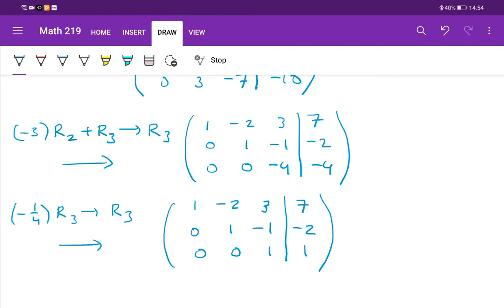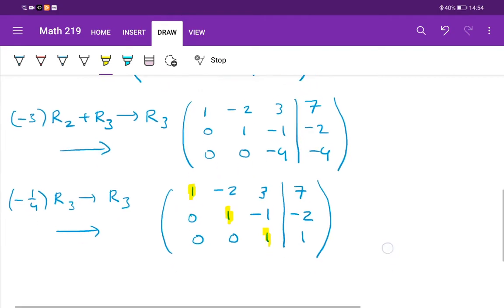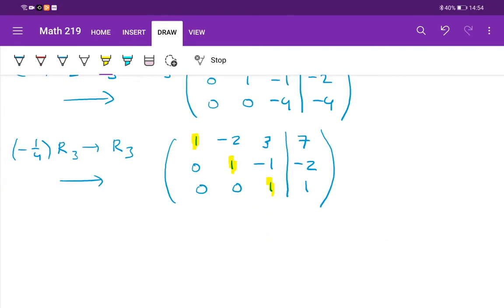If you notice, we have 3 leading 1s here, a leading 1 in each column. So this matrix here is in row echelon form.